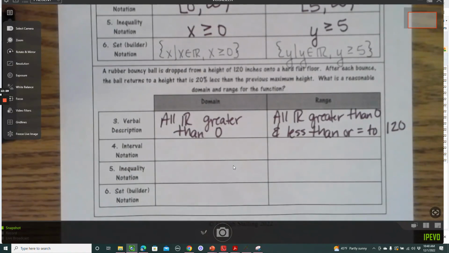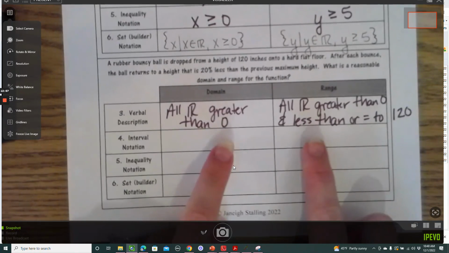So I know you're thinking it's eventually going to stop bouncing. The height off the ground is eventually going to be 0, and you're right. But it wouldn't be a bounce anymore. The experiment ends, so there wouldn't be an x to go with it. We don't know where that point is, so we just say it's never going to get less than 0. Okay?